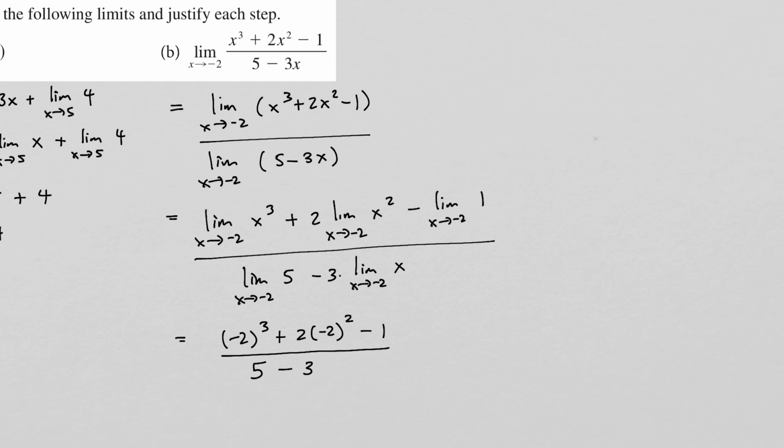And then minus 3 times substitute negative 2 for x. And now just do the math. We have negative 8 plus 2 times 4 is positive 8 minus 1 divided by 5 plus 6, and this is going to be negative 1 over 11.